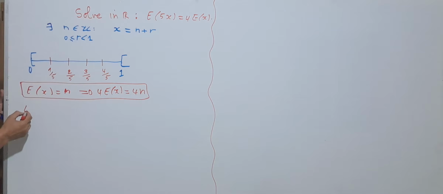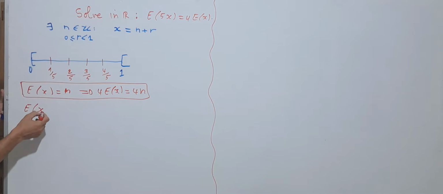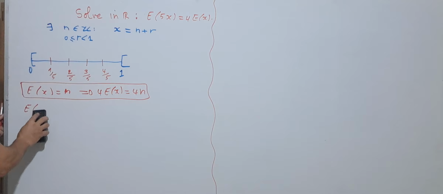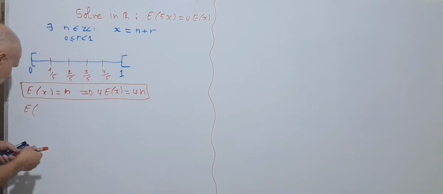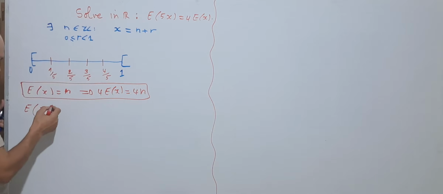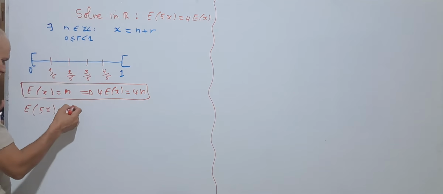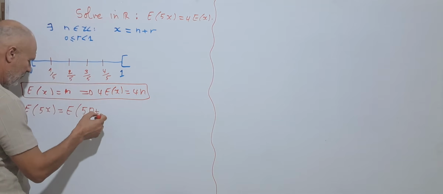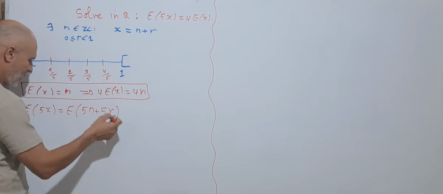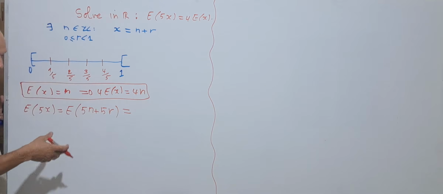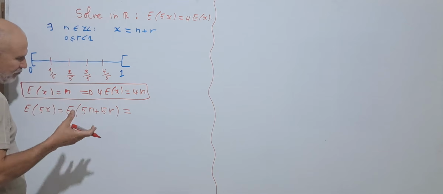And E of 5x is equal to E of 5n plus 5r. And using a well-known formula, it is proved somewhere.